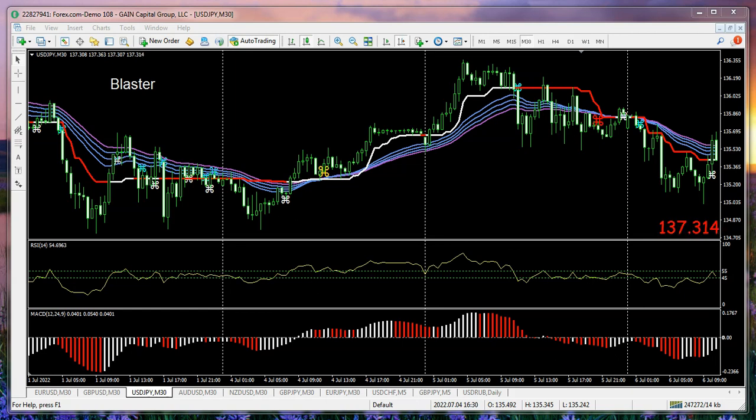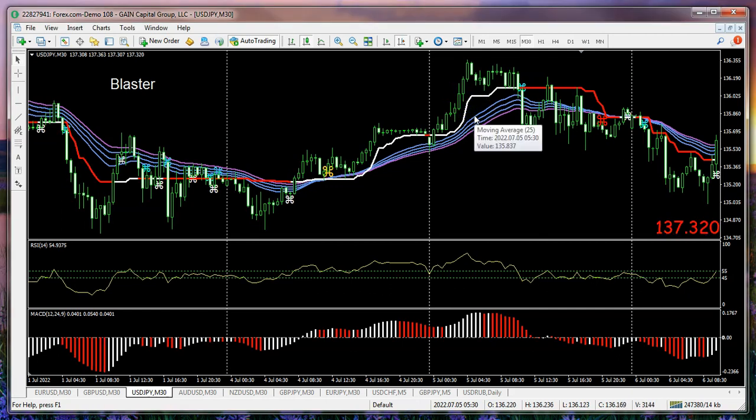But in any event, the template breaks down into a few very basic indicators. Right here you can see that we have our multiple moving averages. I believe I started here with a 25 moving average, and I took that up to 30, 35, and then 40 in the purplish, violet color here.